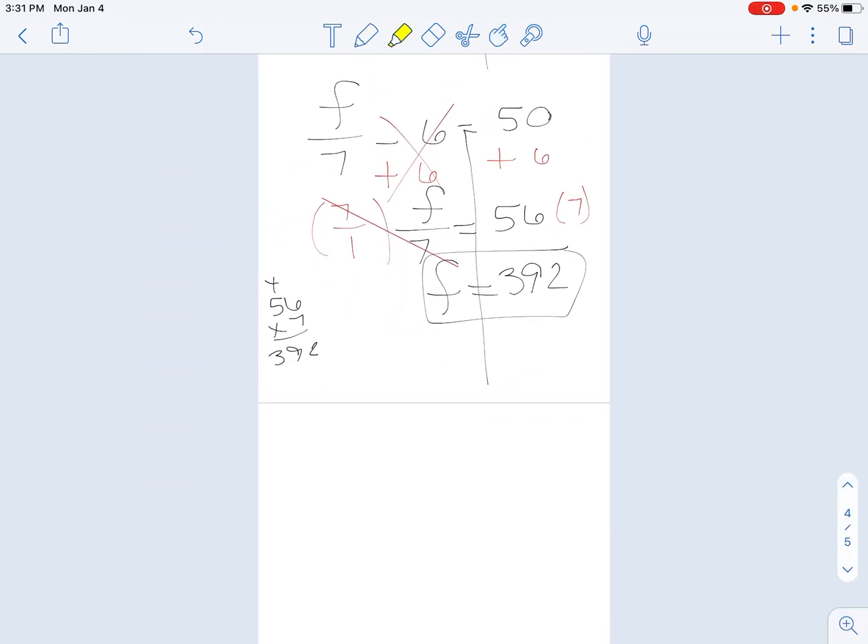Okay, go back up and find that original equation. F divided by 7 minus 6 equals 50. I'm going to substitute for F. Is 392 divided by 7 minus 6 equal to 50? So remember I said with a 3-digit number you have to show your work. So I'm going to come down here and divide 392 by 7.